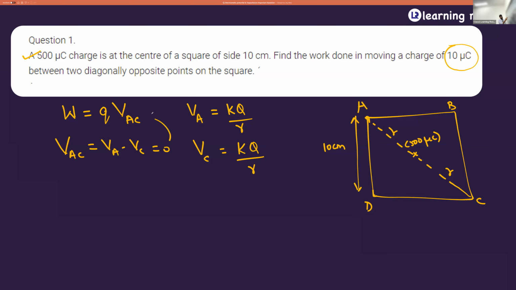If I substitute it here, what do I get the work done as? There is no amount of work that you're going to do in this scenario. So work done is going to be 0. And what will be the reason you're going to write in the exam? You'll say that points A and C are at the same potential, hence the potential difference is 0. Is it clear? So make a note of this.